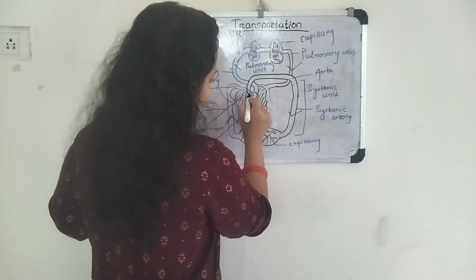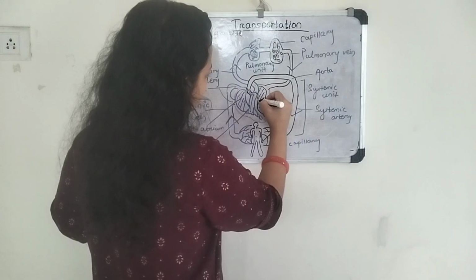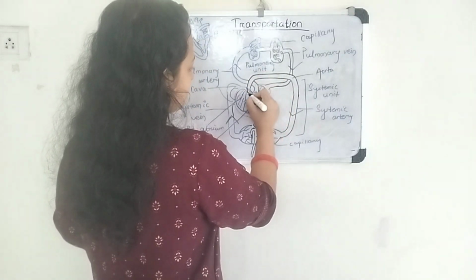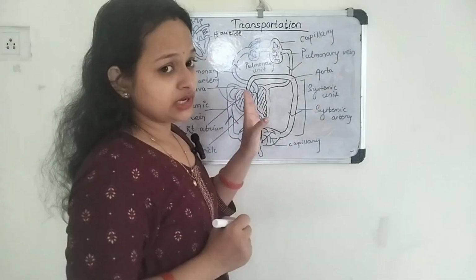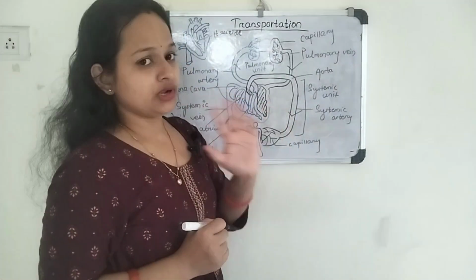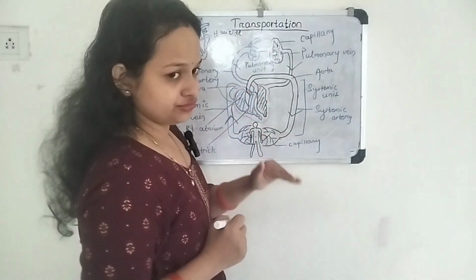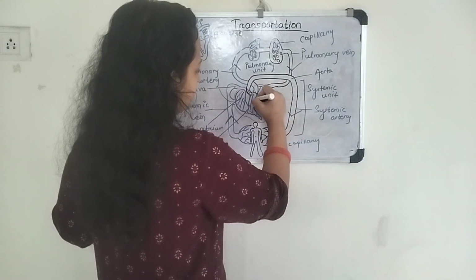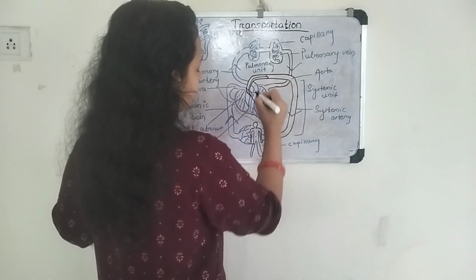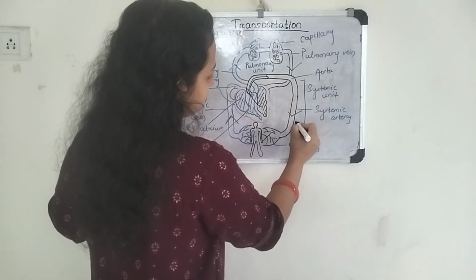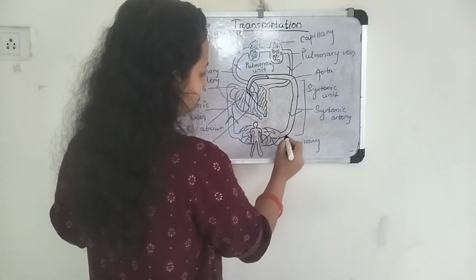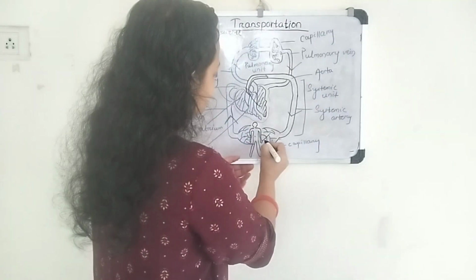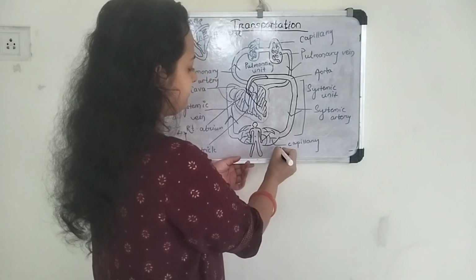The aorta arises from the left ventricle, and a semilunar valve is present there to prevent the backflow of blood to the ventricle. From the aorta, through the systemic arteries, the blood goes into the body, and in the body through the capillaries.